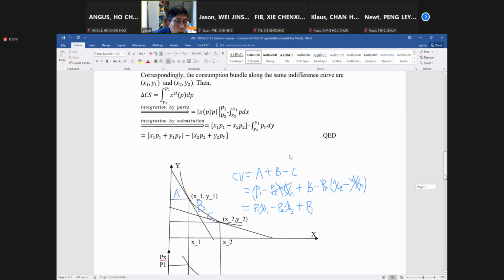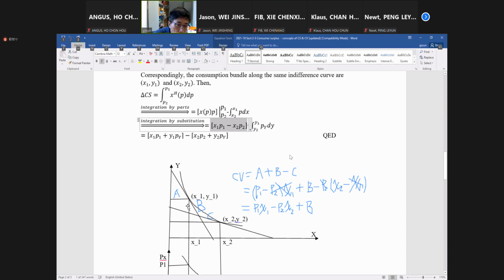So this is what we did here: from this step to this step, this is what we get. It's a little bit messy now. So this is quite a childish way to calculate the size of the consumer surplus.